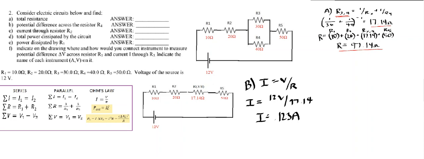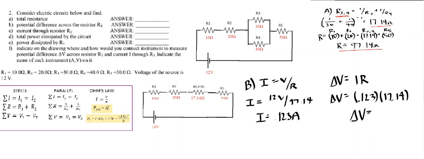Now to find the potential difference across resistor 4, we can use potential difference, rearranging Ohm's law, is I times R. The current is the same through each of these resistors, and we solved for the resistance of 3 and 4 in part A, giving us a total voltage of 2.117 volts for resistor 4.